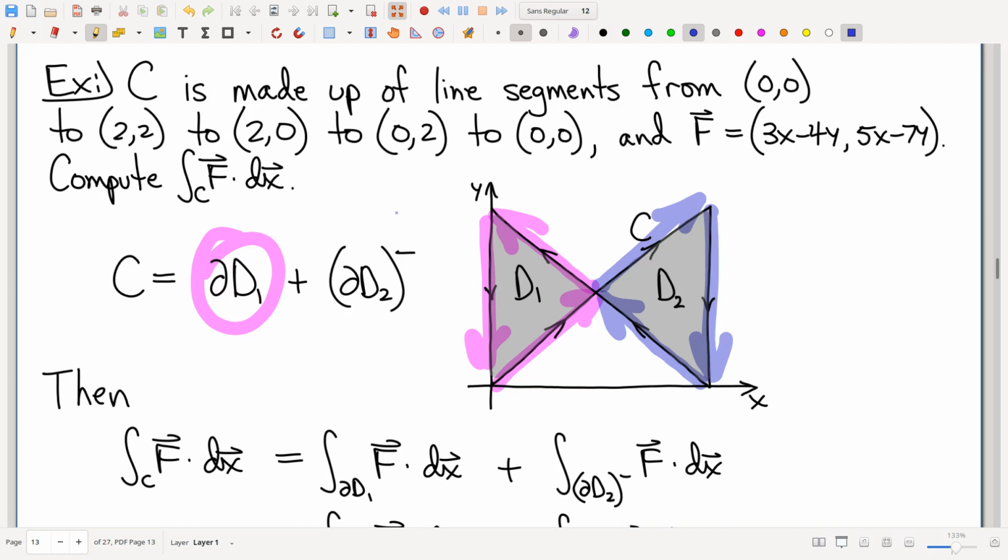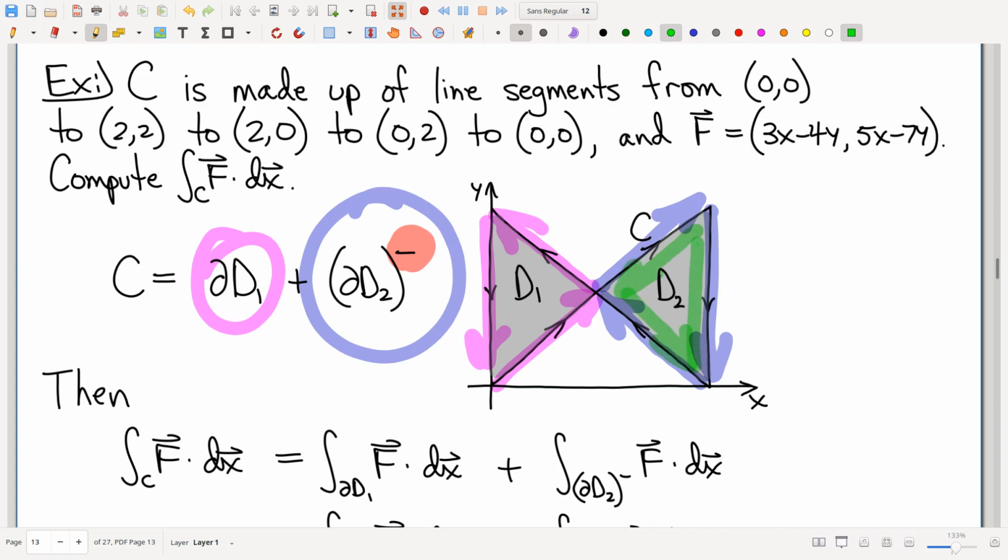But it is just the exact opposite orientation of something that is a boundary. If I look at just going the opposite way around, look at these green arrows here. That is literally the boundary of D2, and what I have is just the opposite orientation of that boundary of D2.